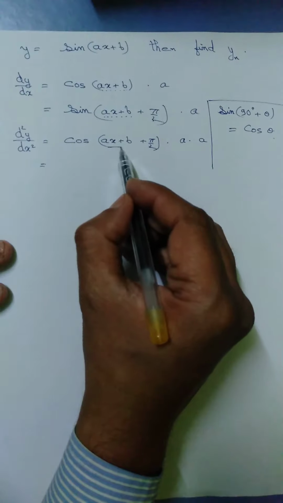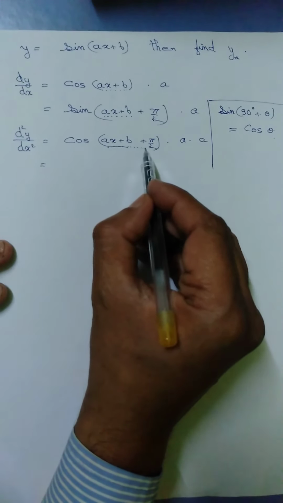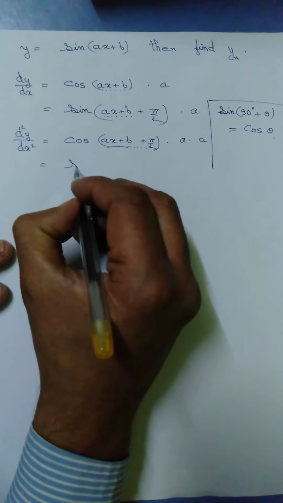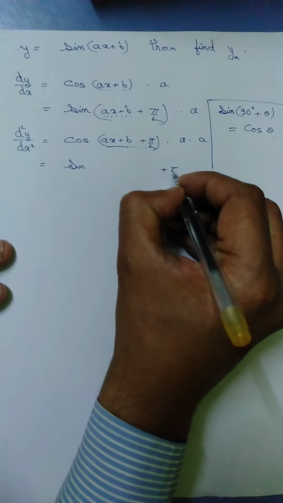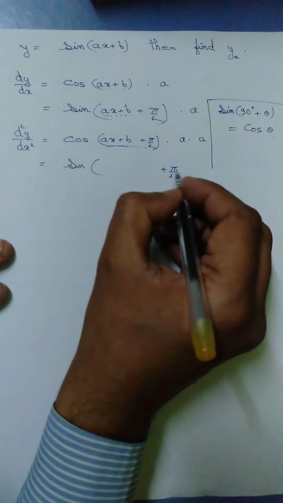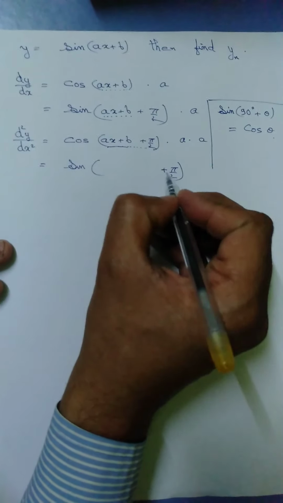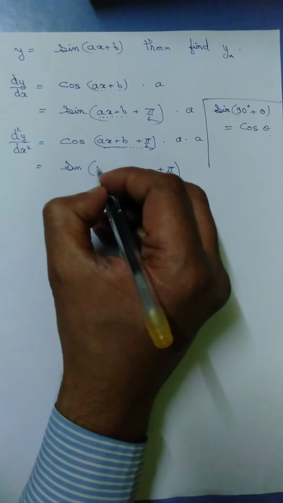So this cos theta, I want to write in terms of sine of 90 plus theta, an extra 90 degrees, and you get it back.